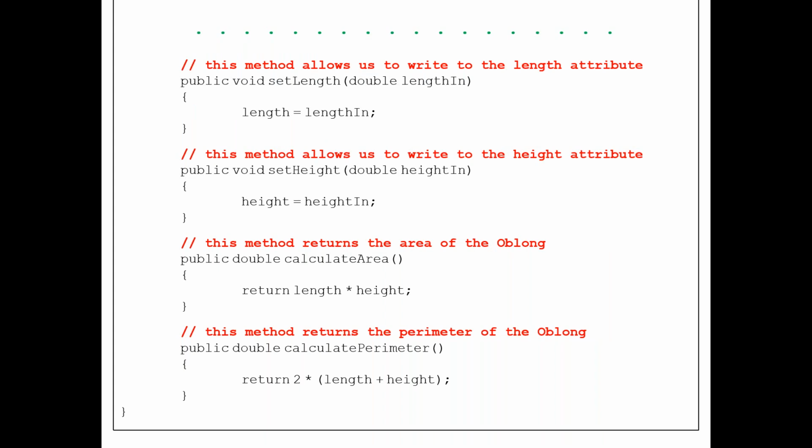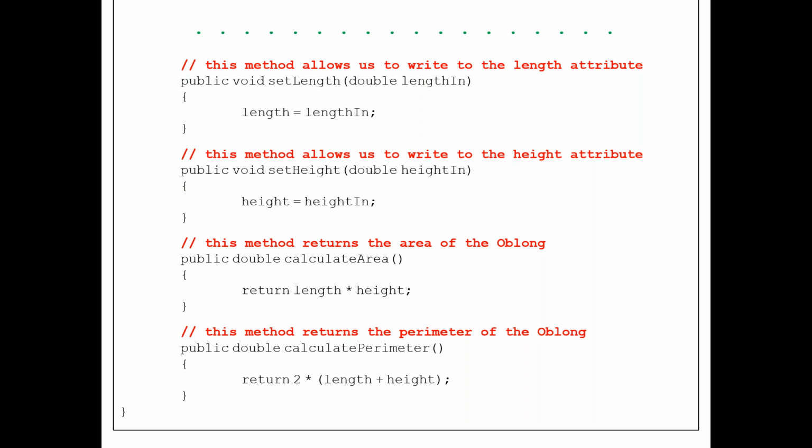This method is also going to allow us to write the length of our attributes. By using public void set length, we are going to set a value for our oblong. And then with public void set height, we're going to set a height for our oblong.